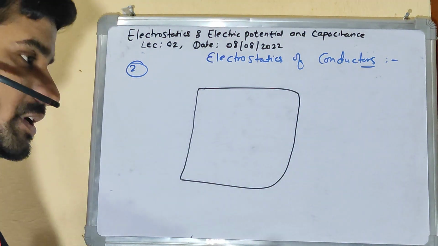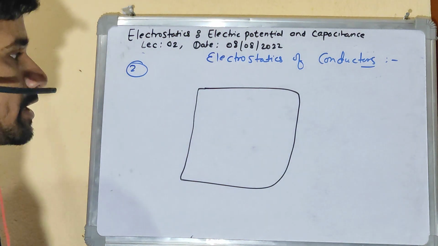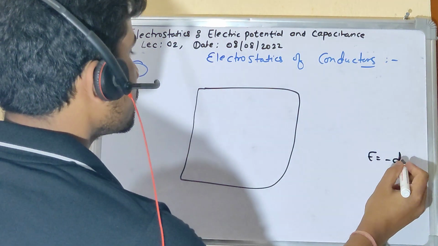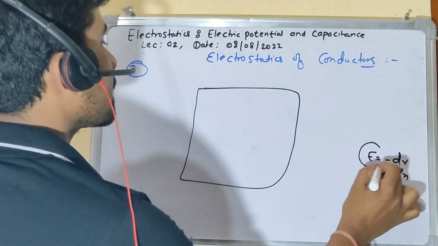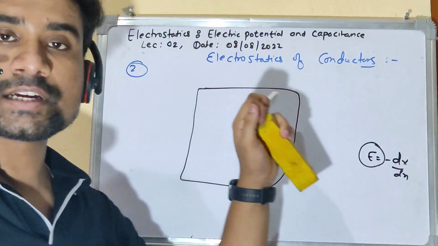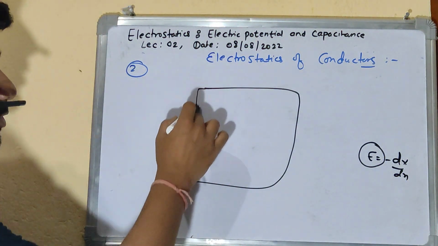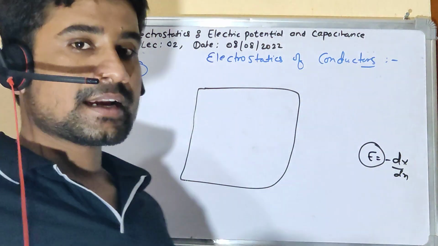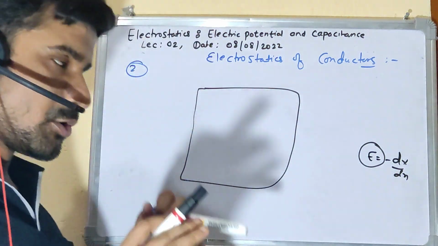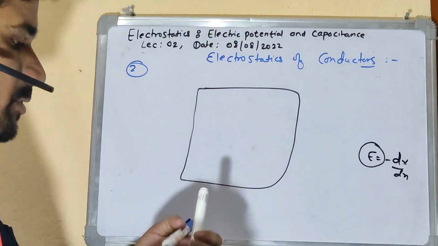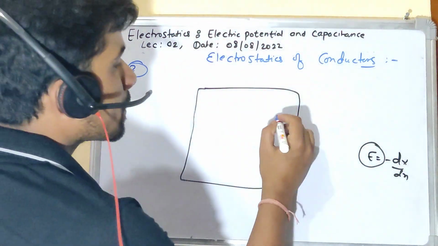We discussed the relation between electric field and potential: E is nothing but minus dV by dx, and we say that the electric field inside a conductor is zero. So the potential inside a conductor is constant, and it is also the same as the potential on the surface. And hence this is an equipotential surface. The electric field will always be perpendicular to the surface of the conductor.